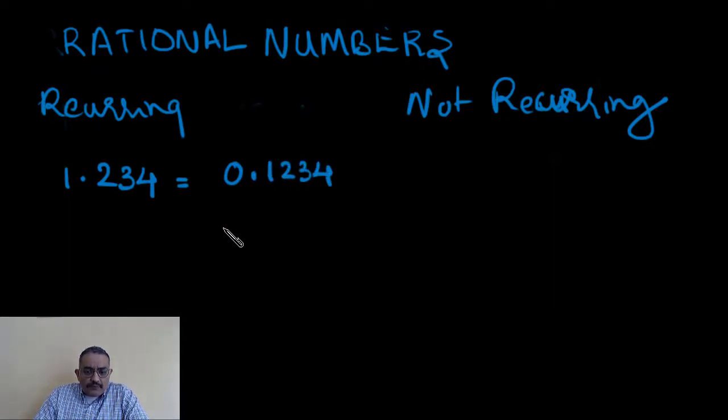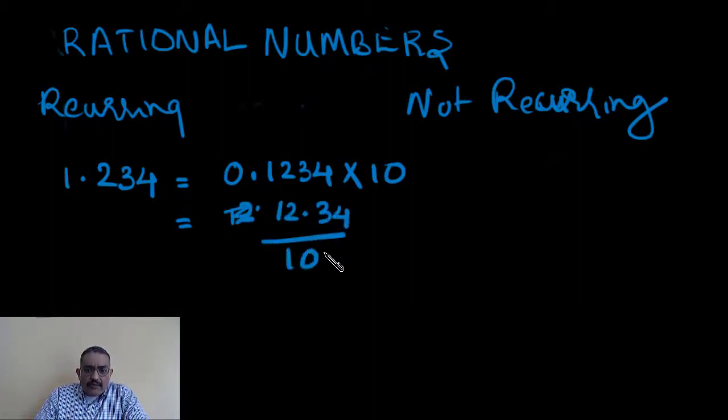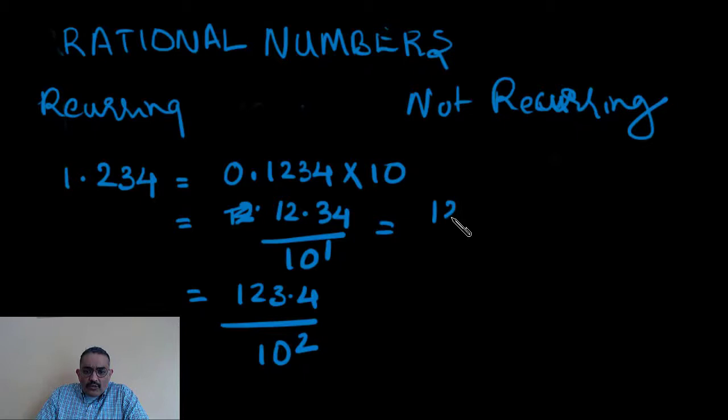0.1234 times 10, or 12.34 divided by 10 to the power of 1, or 123.4 divided by 10 to the power of 2, or 1234 divided by 10 to the power of 3.